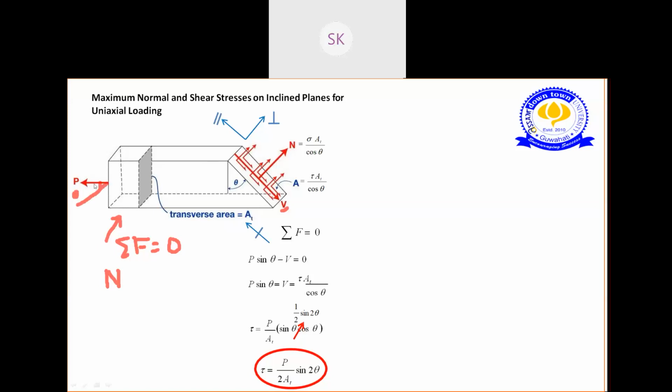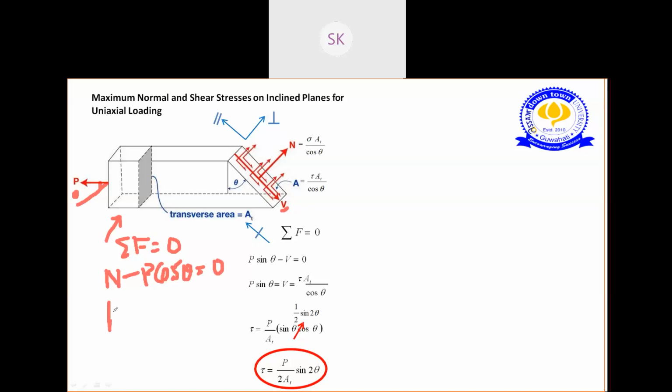The direction is opposite, I'm taking this as positive, so this will be negative. So this will become P cos theta, and this will equal 0.